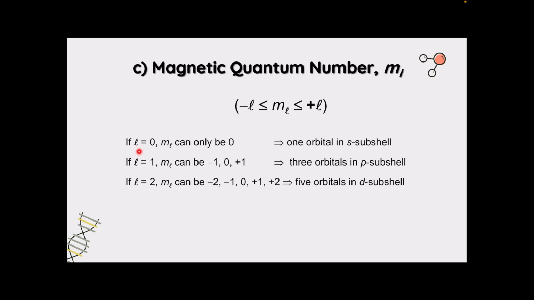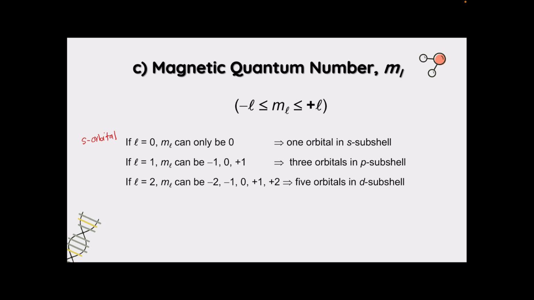So for example, if the value of L is 0, the ML can take the value of 0 only. Okay, because here we don't have negative 0 until plus 0 definitely. So when L is 0, ML can only be 0. So here we have only one number. Okay, when one number, it means we have one orbital in S subshell, because L equals to 0 is referring to S orbital.